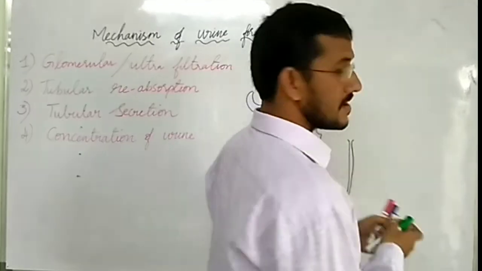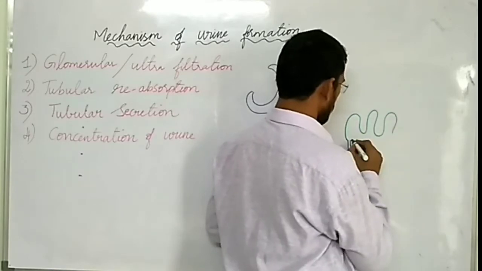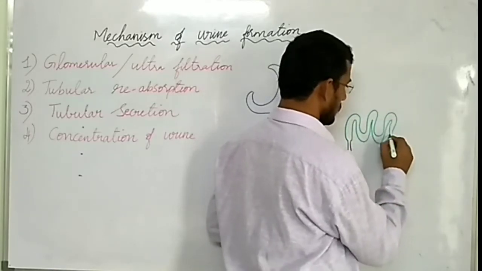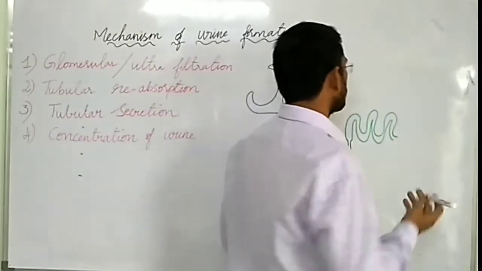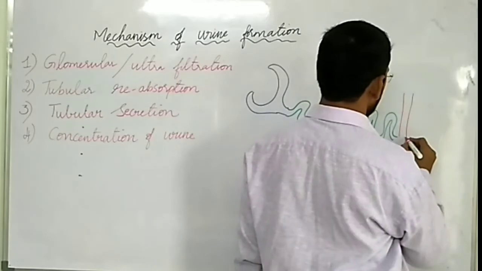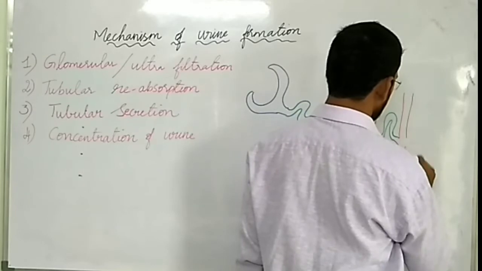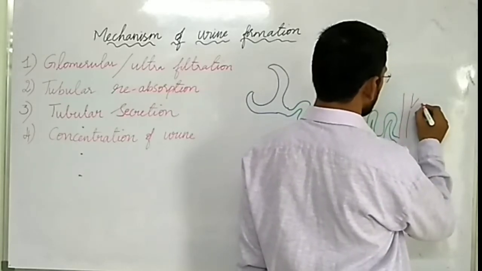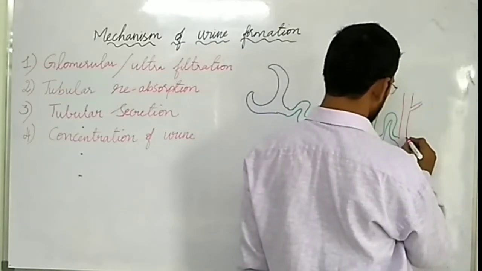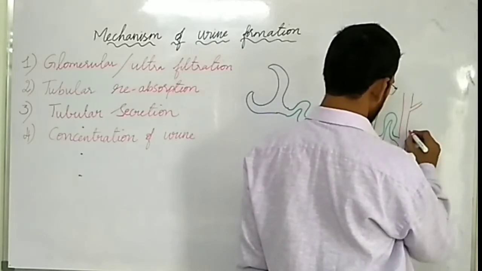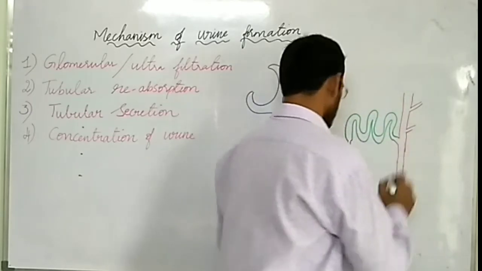From loop of Henle, DCT arises, that is the distal convoluted tubule. From DCT, a collecting duct arises. So like this, many nephrons will join here in the collecting duct.